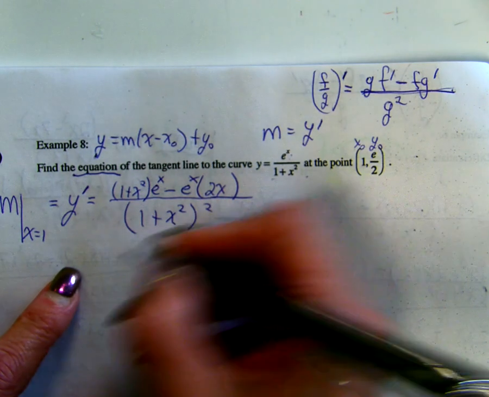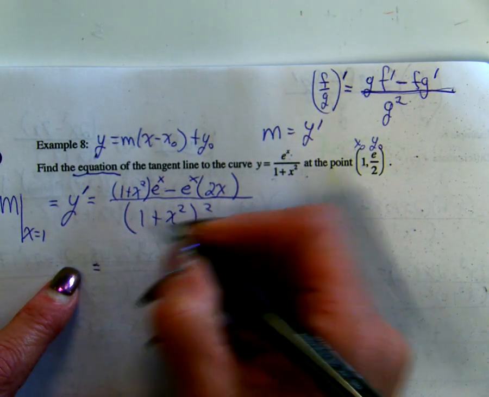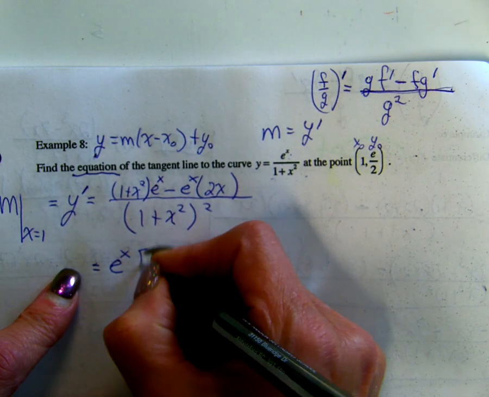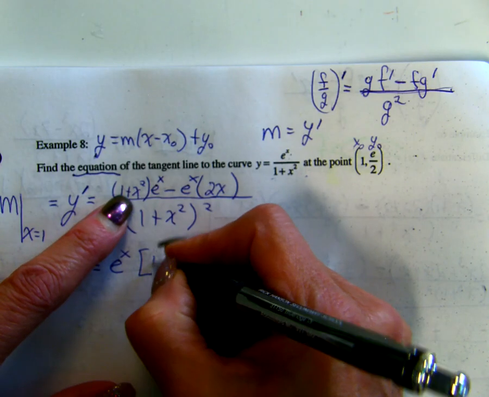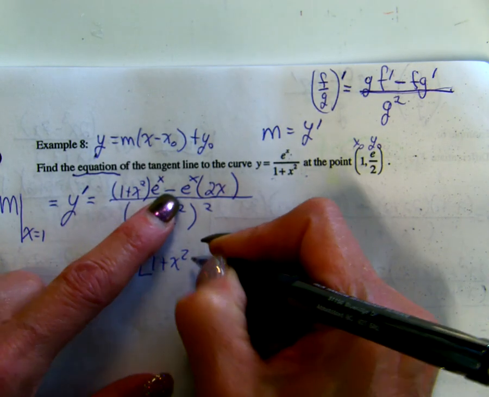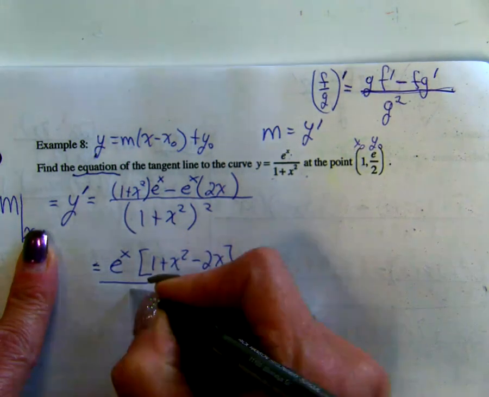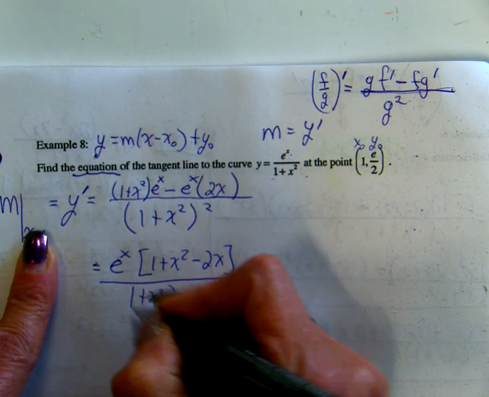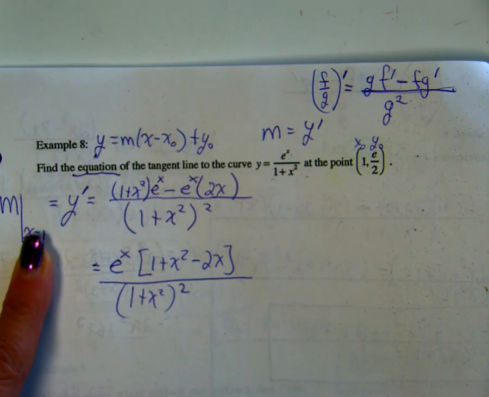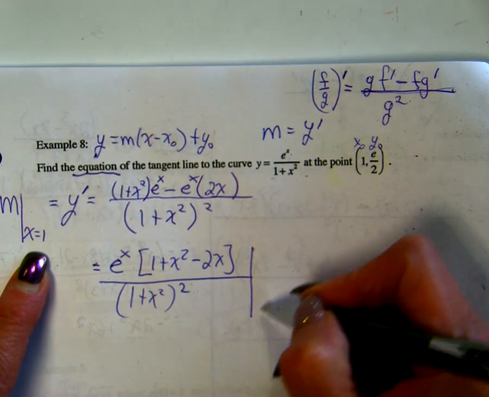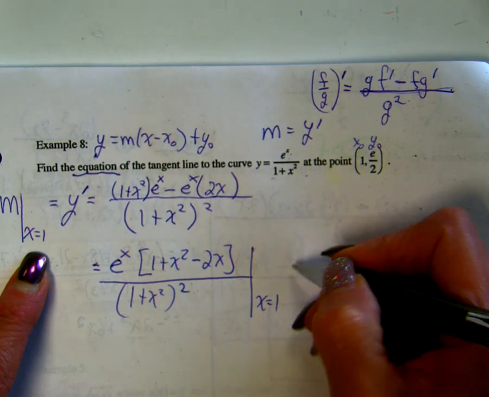Okay, simplifying this then, look at the top, you've got a GCF of e to the x. Pull it out. You're left with 1 plus x squared minus 2x all over 1 plus x squared all squared. We wanted to evaluate this when x is equal to 1.